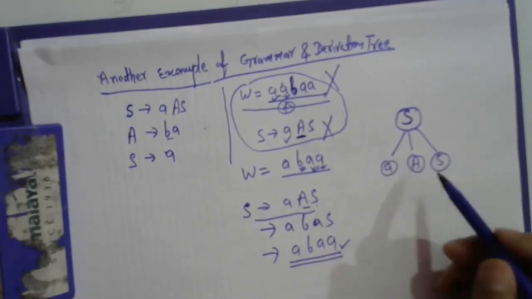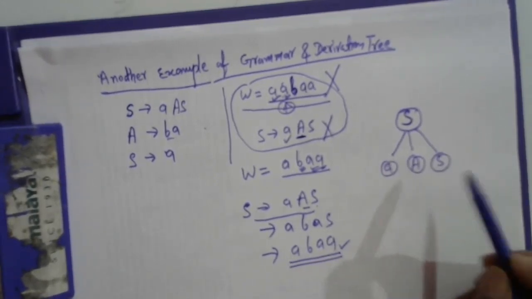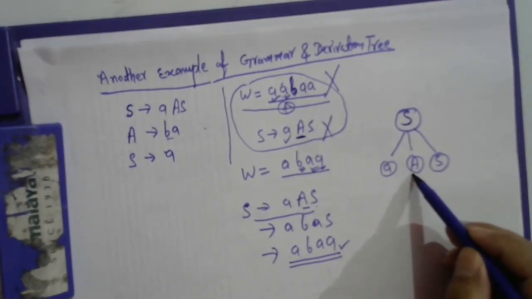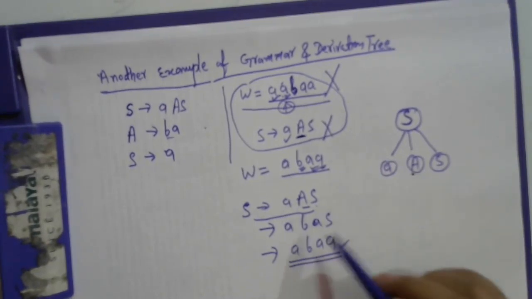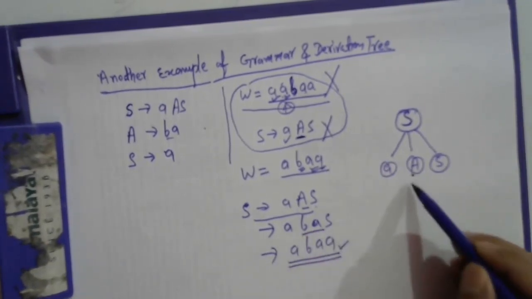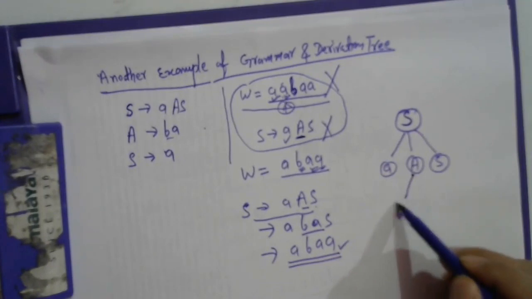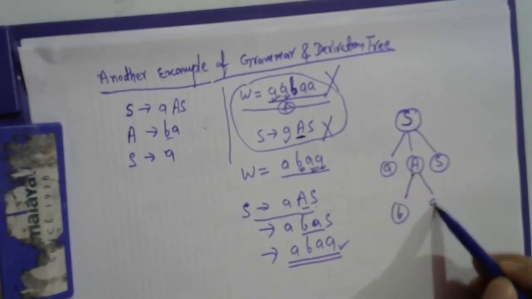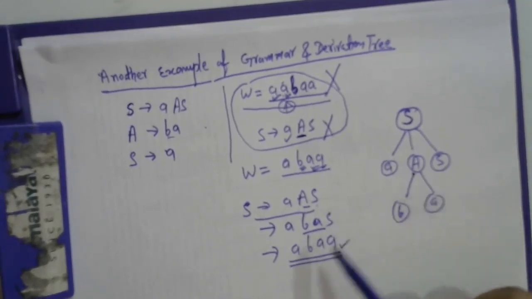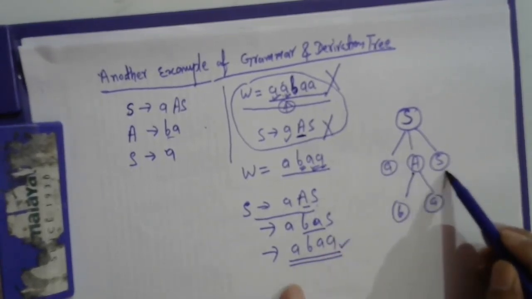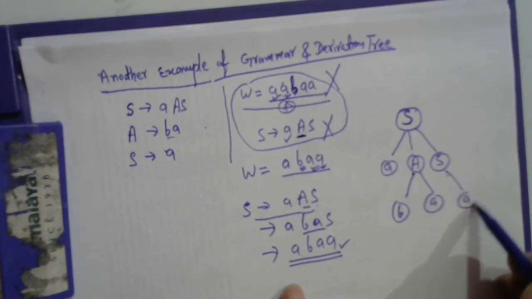Then A is a leaf node, so you cannot extend it further. Again A has the production B and A, so you replace it and get two leaf nodes. Finally, you replace S with A.